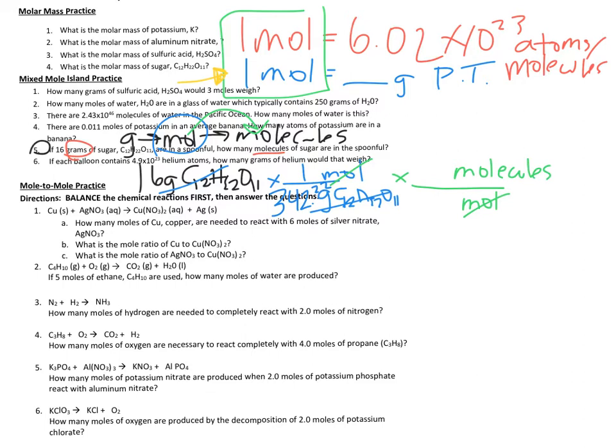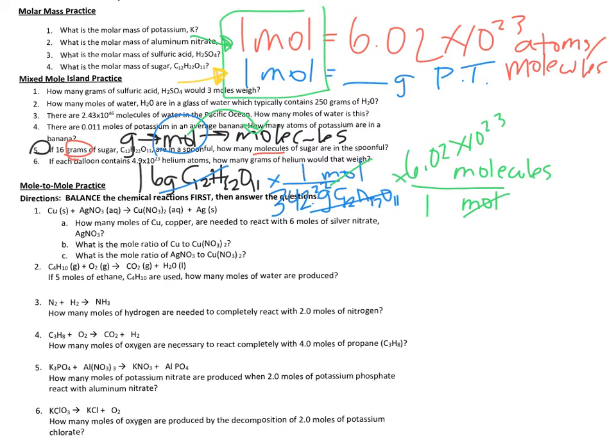In this case, we're going to use our conversion factor up here, the first one: 1 mole equals 6.02 times 10 to the 23rd molecules. So moles is on the bottom, so our 1 goes on the bottom, and then 6.02 times 10 to the 23rd goes on top, because that's the number of molecules in a mole.